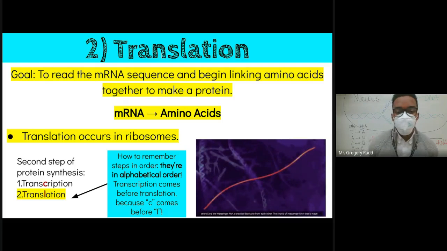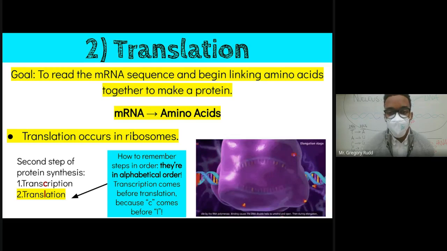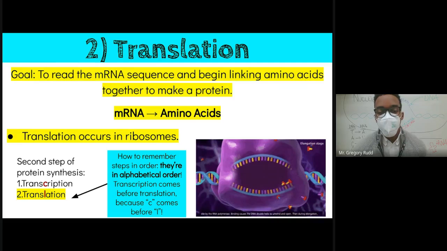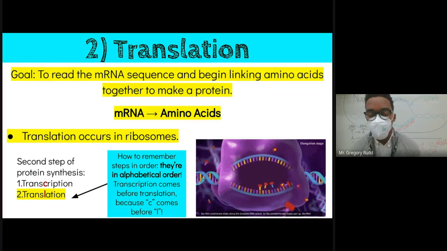This process occurs in ribosomes. Ribosomes are the organelles that are responsible for making proteins.